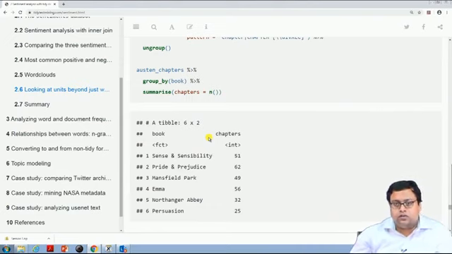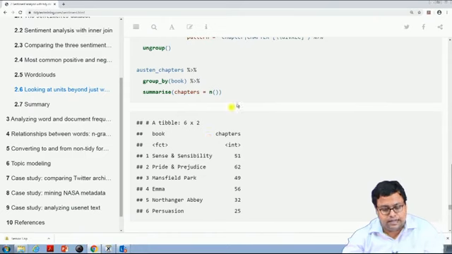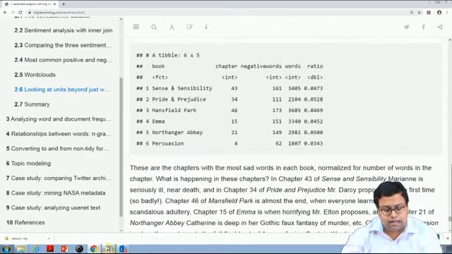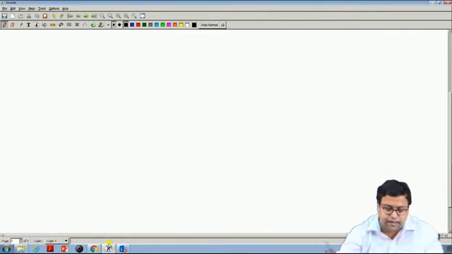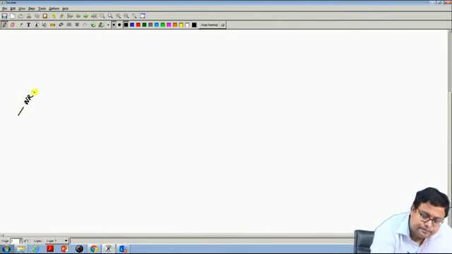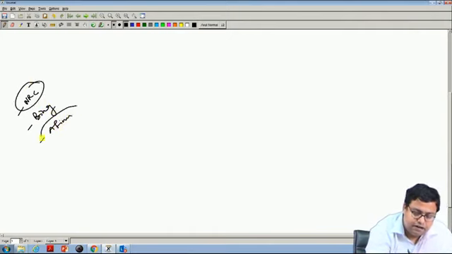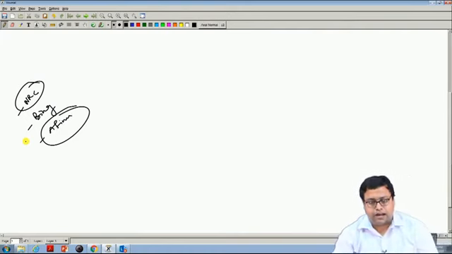So how can I look beyond words when I am doing sentiment mining? Using these three lexicons, NRC, Bing and AFINN, and probably majorly NRC and AFINN, we will do some work in the next video.